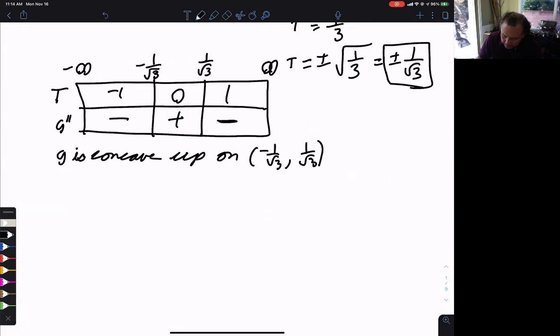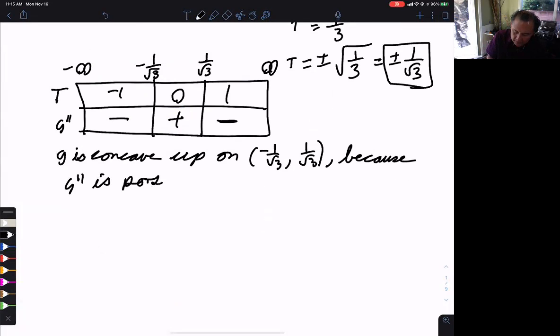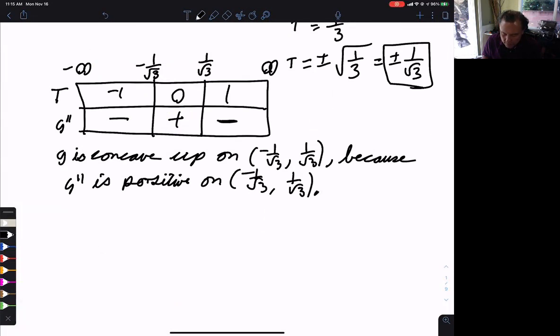So therefore, G is concave up on the interval. Why? Because G double prime, I'm going to write the words out, is positive on that very interval. Okay, where is it concave down?